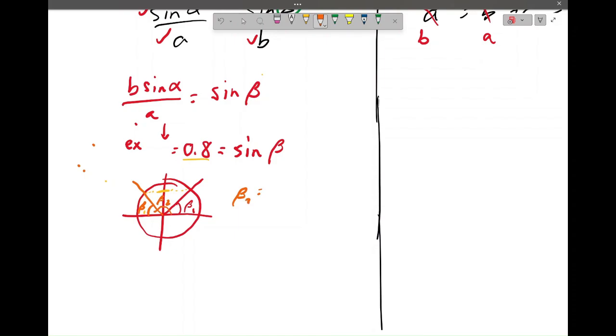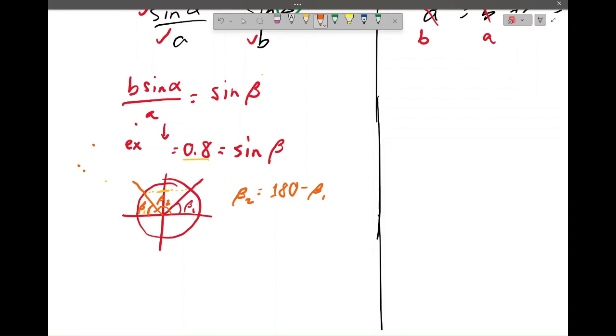So beta 2 is equal to 180 degrees minus beta 1. Hopefully that's very clear as to why you get this ambiguous case. You have the original inverse sine value, because inverse sine will give you values in quadrant 1 and quadrant 4, but there are other angles that have that same sine value. And that's why you have this ambiguous case of the law of sines.